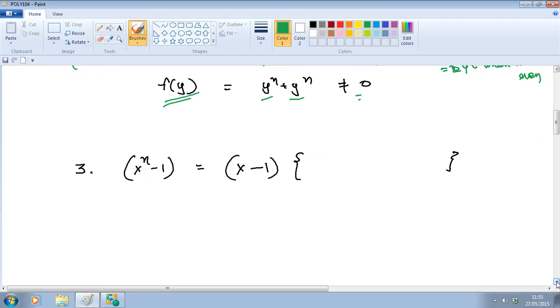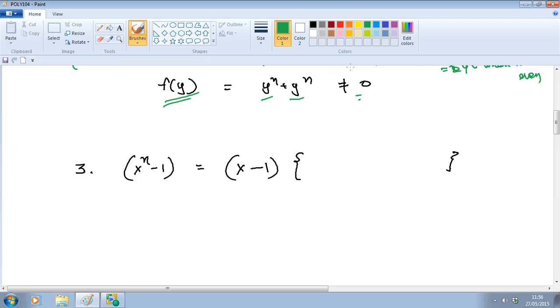What will happen when x to the power n minus 1 is divided by x minus 1? This problem will help you understand the method that we follow. So how do we divide?